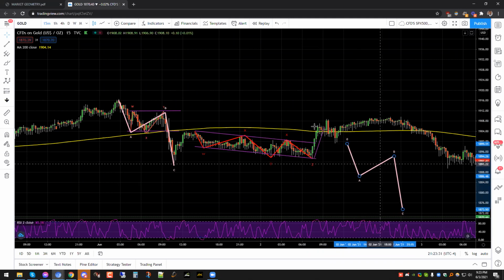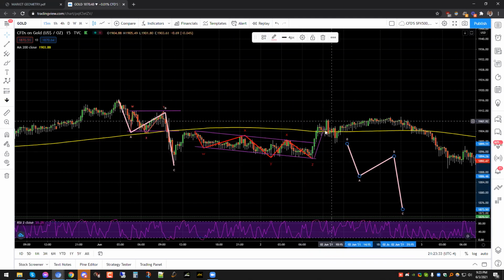So all we need to do is wait for this wave up to complete itself. We are aiming for the measured move. Once we get to the measured move, we are out of the trade and we're waiting for the price to give us an indication that it wants to go down, okay? Now, it gave us a 3-wave move up. So this is 1, 2, 3.